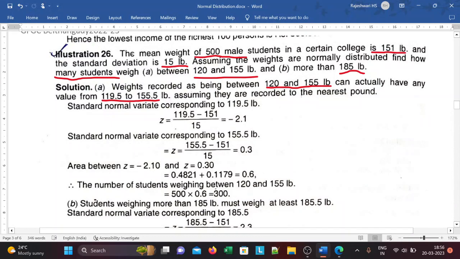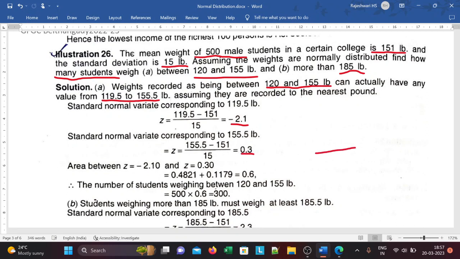So it is minus 2.1. See the second one as well, the Z value corresponding to 155.5. So 155.5 is the x value minus the mean 151, divided by standard deviation 15. So the value is 0.3.